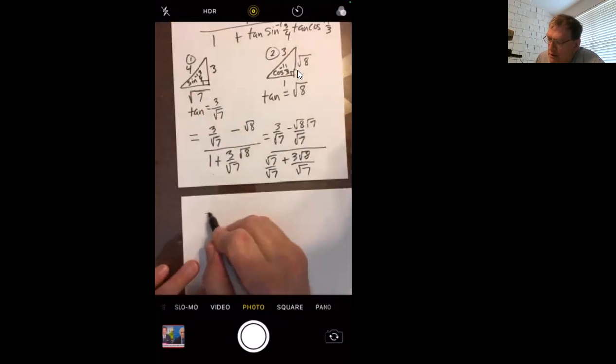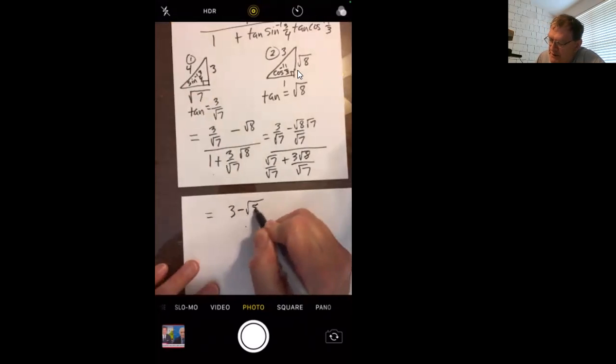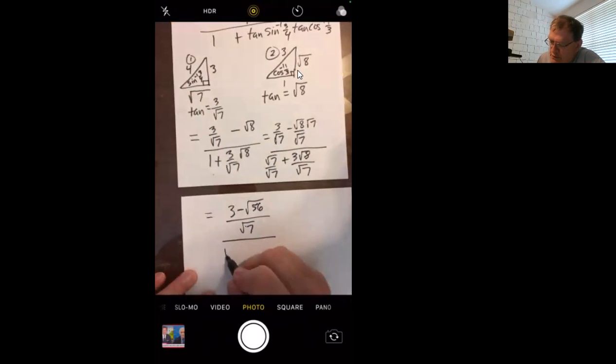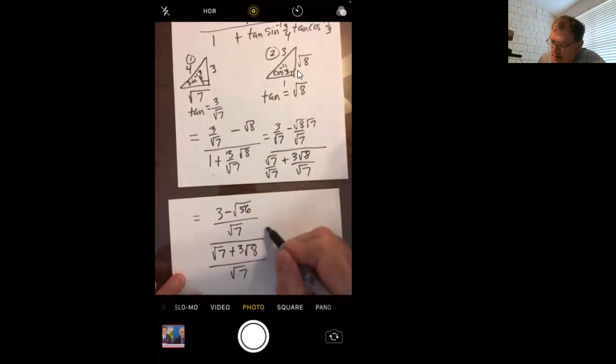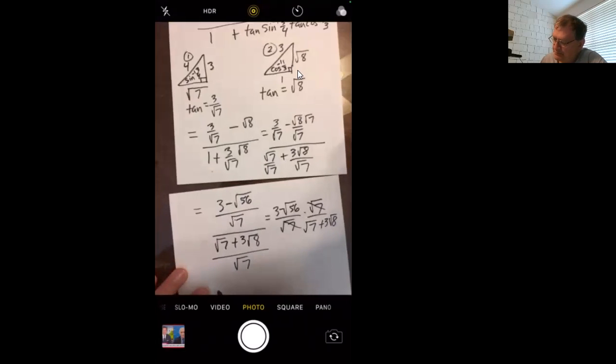You wind up with 3 minus square root of 56 all over square root of 7, over square root of 7 and 3 square root of 8 all over square root of 7. And can you see? 3 minus square root of 56 over square root of 7, times square root of 7 over square root of 7, add 3 square root of 8. Those cancel.